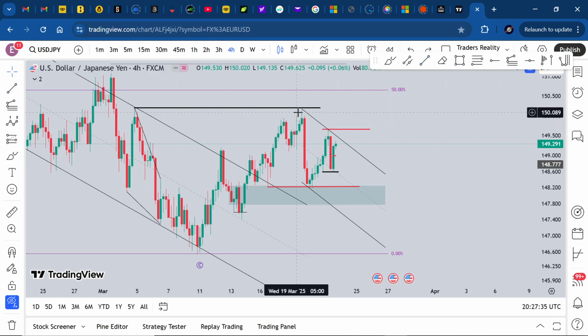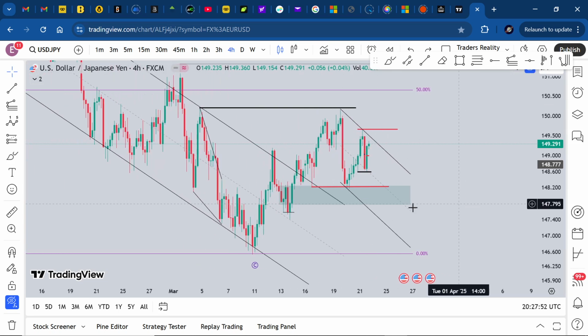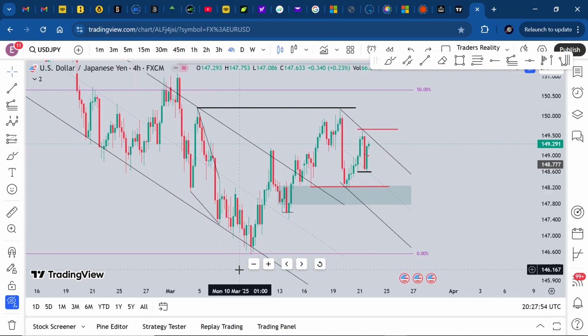This whole thing could be 1, then we get 2, which 2 may not be finished, may be finished. We did grab liquidity into the demand, but it could be 1, 2, 3, 4, 5 in a diag. But this is not an impulse. That's clear. That's not an impulse.